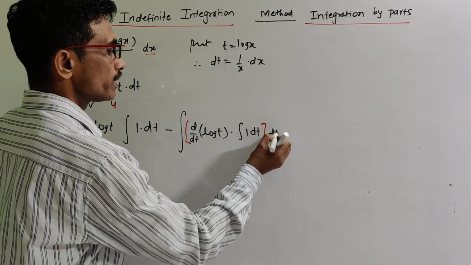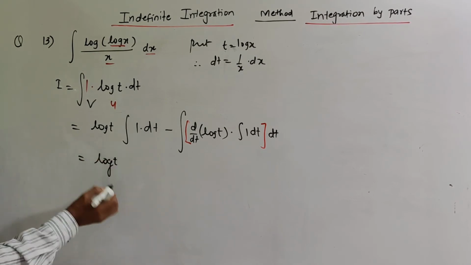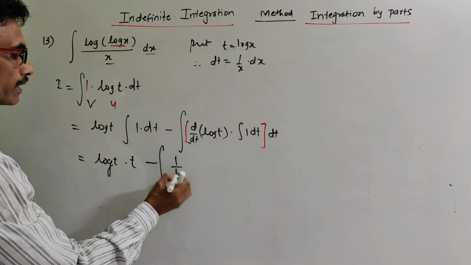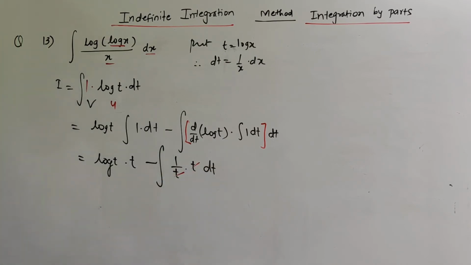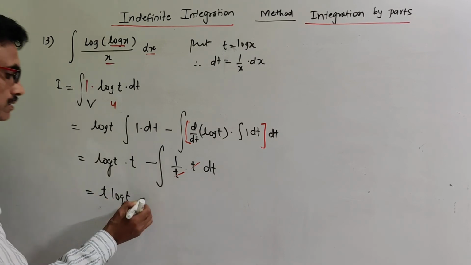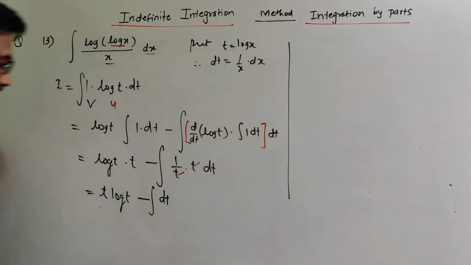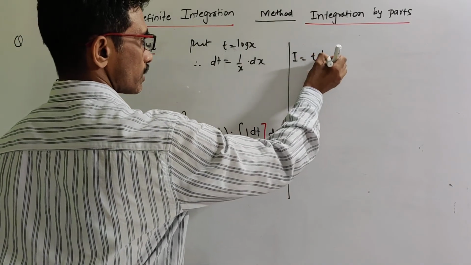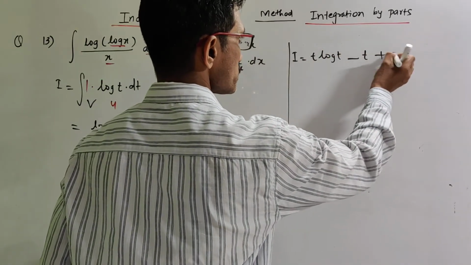So here, whole dt, log of t, and this integration is t, minus integration of derivative 1 by t, and its integration is t, dt, so that this t is getting cancelled and it is 1 only. So it is t log t minus integration of dt. So I is equal to t log t minus this integration, which is t, plus c.